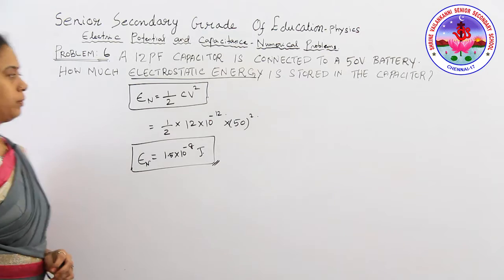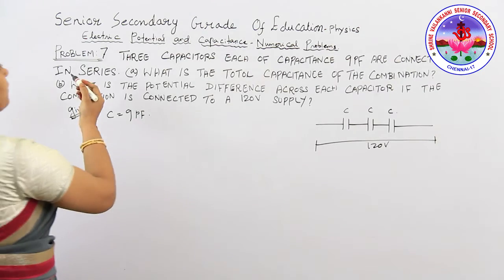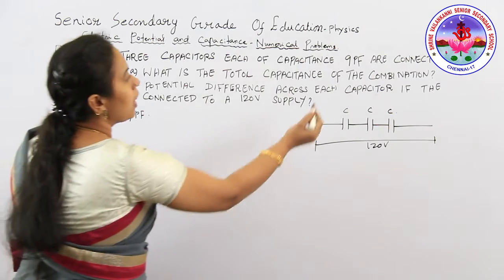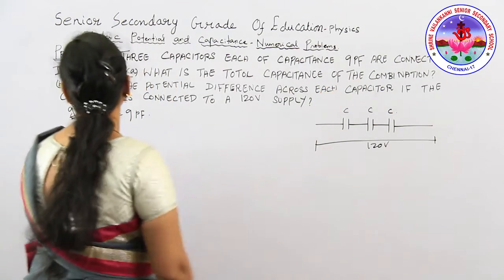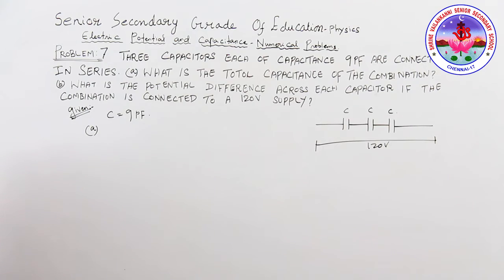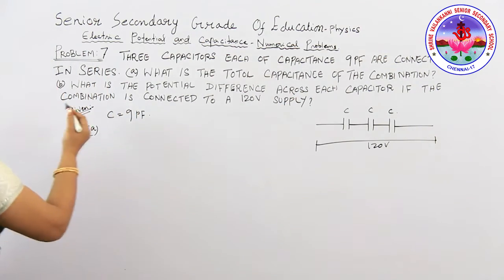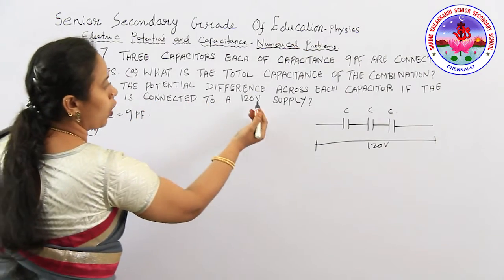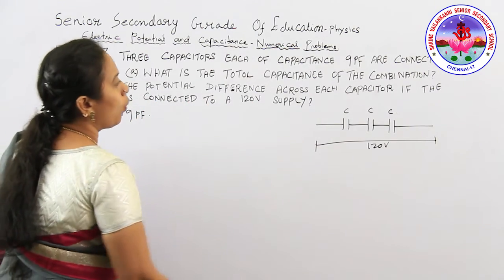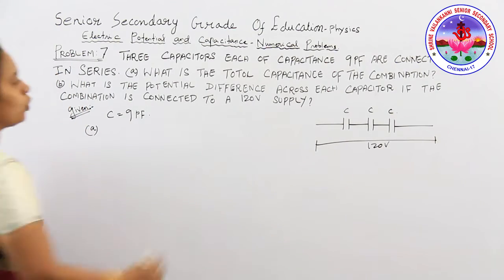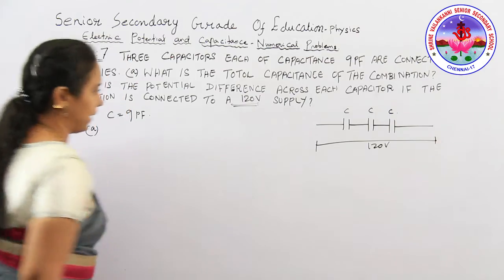So problem 7. Three capacitors, each of capacitance 9 picofarad, are connected in series. The questions are: what is the total capacitance of the combination, and what is the potential difference across each capacitor if the combination is connected to a 120 volt supply?